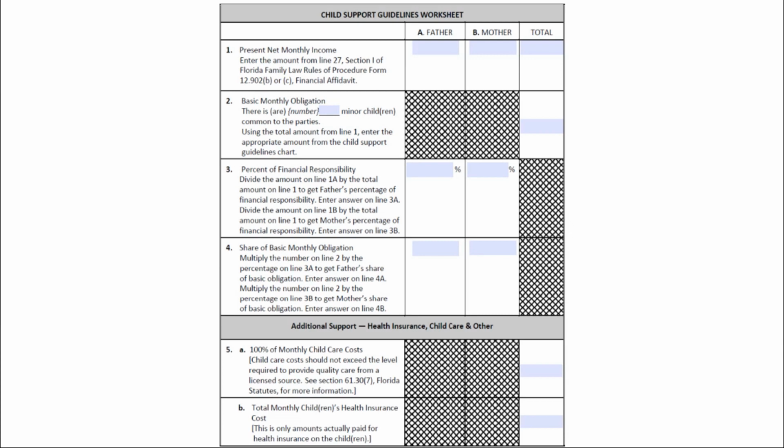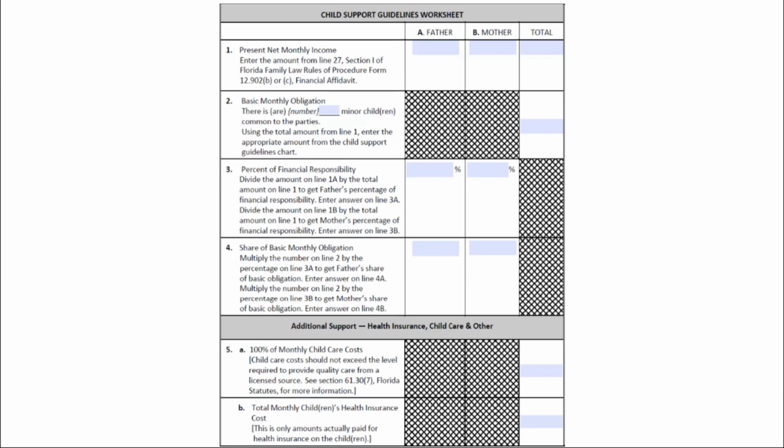Subsection 3 of the worksheet requires you to divide the percentage of financial responsibility between the two parties. The total percentage, when added up between column A and column B, should equal 100%.